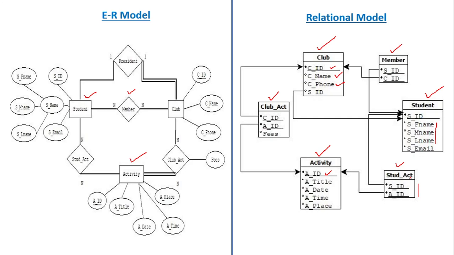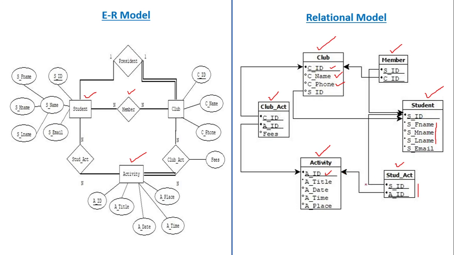Okay, now one more important point to be noted: this SID is the primary key of the student table, and this AID is the primary key of the activity table or activity relation. So these two are the foreign keys, those are borrowed from these respective relations, right? And that is why we have shown here these links to the respective primary keys in the respective relations.